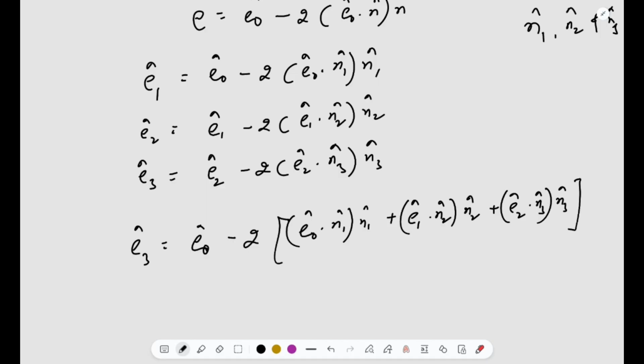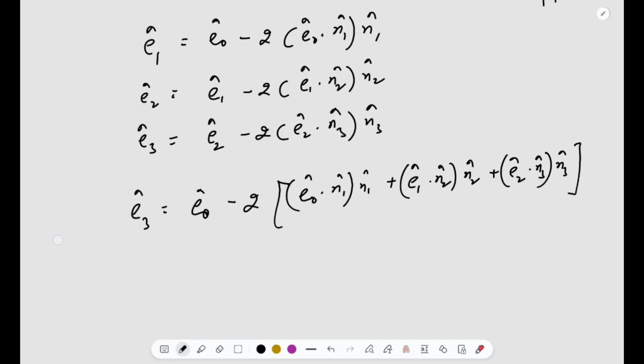And here E1 dot n2, both are unit vectors, and the angle between them is equal to 90 degrees. And here E1 dot n2 is equal to E naught dot n2, because both are scalar quantities, and E naught and n2 are also perpendicular, and so are E1 and n2, so both are equal to 0.